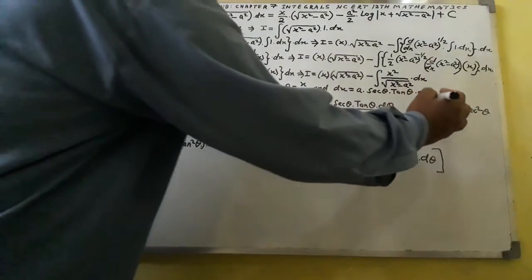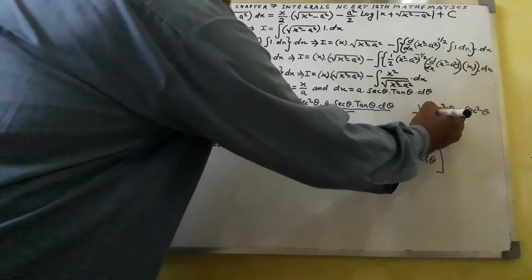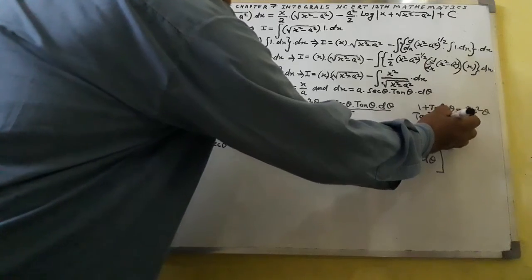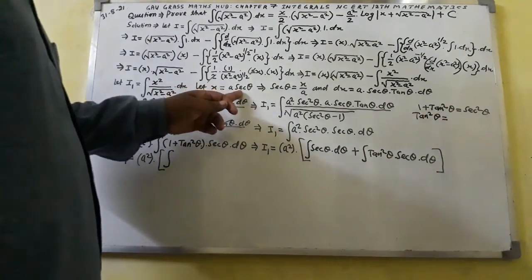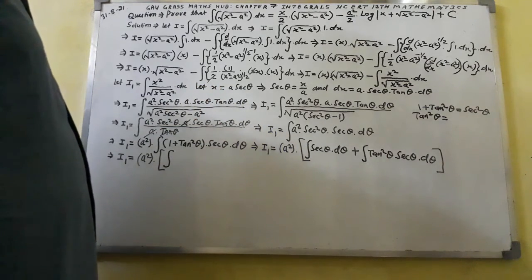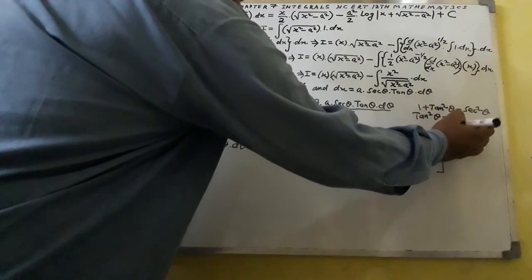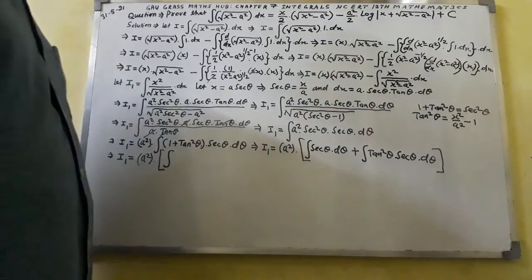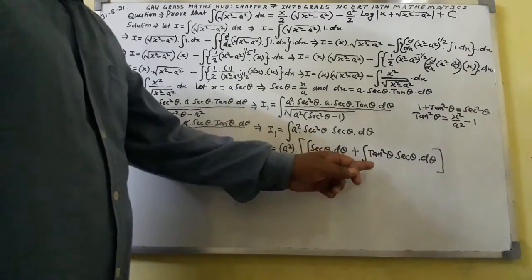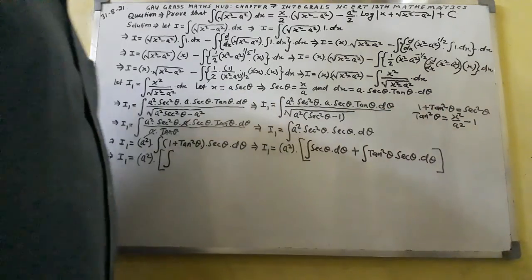So here I shall write tan square theta equal to sec square theta minus 1, and sec square theta means x square over a square. Write here x square over a square minus 1. So in place of tan square theta, I shall write x square over a square minus 1.